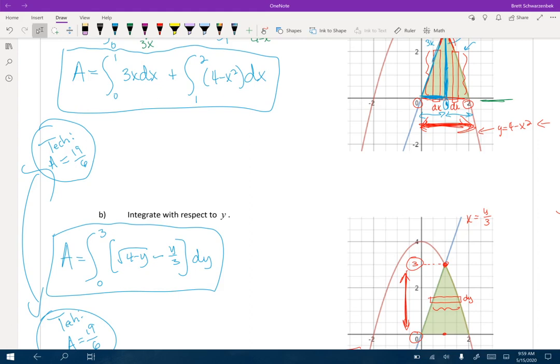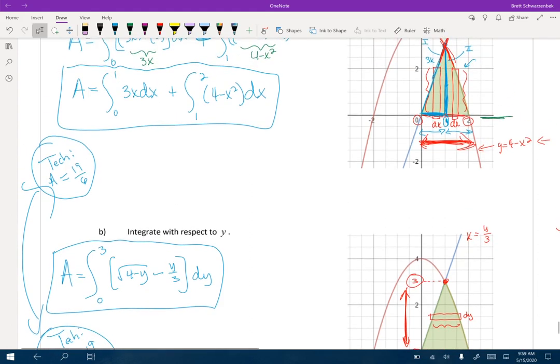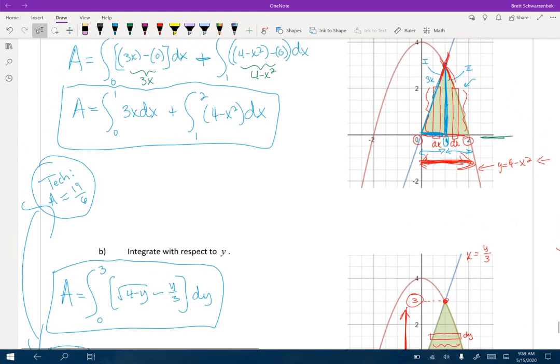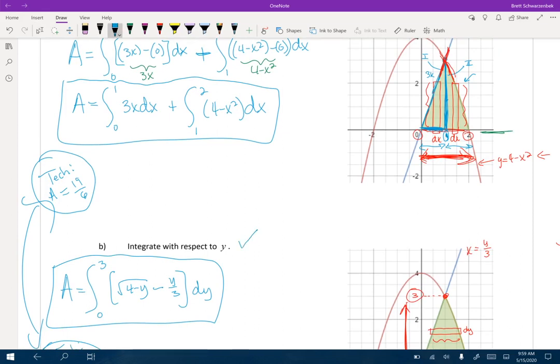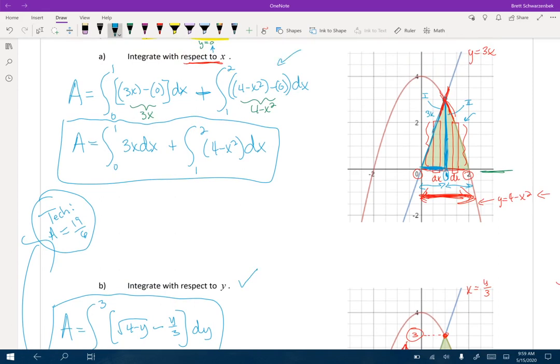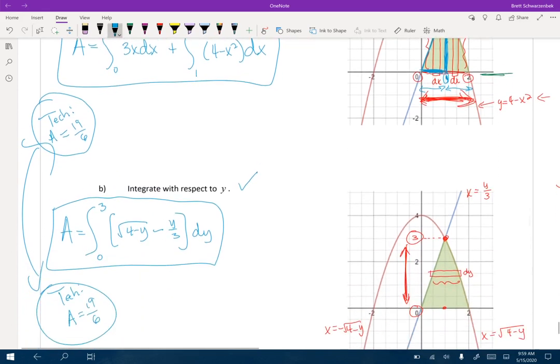So right away, which one of these is the easier one to do? Definitely B by a mile. Anytime you have to do more than one representative rectangle, then you have an issue. When you have to split up the regions, it's a headache. You didn't really necessarily see as much of the headache because you didn't have to do double the integral work over here. I just showed it to you, but it is just a gigantic headache.